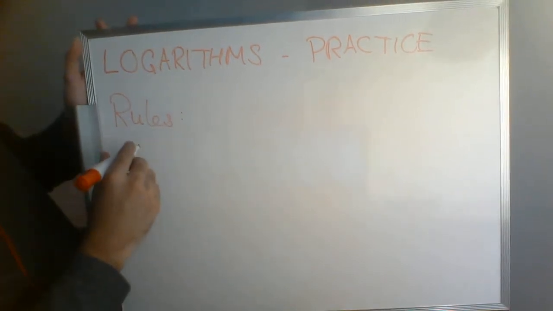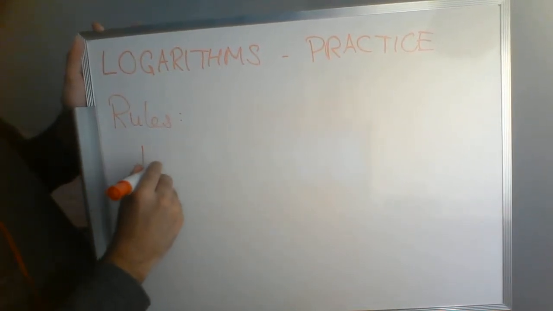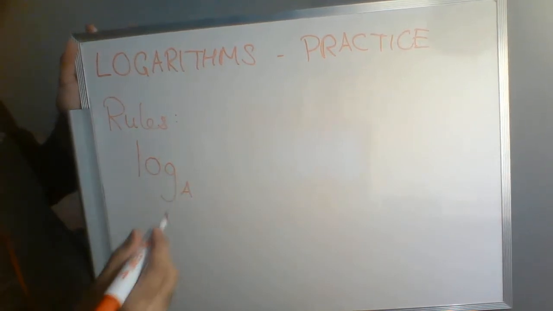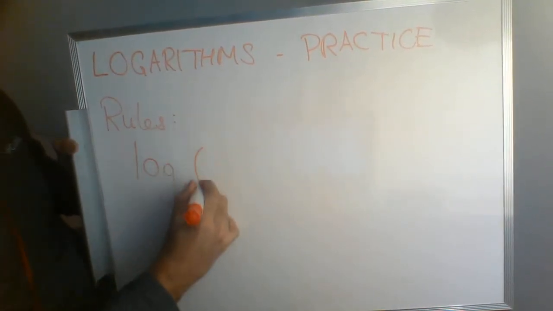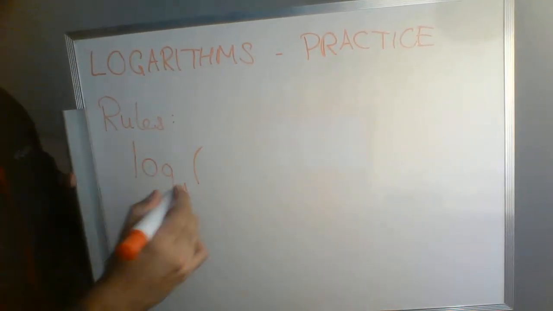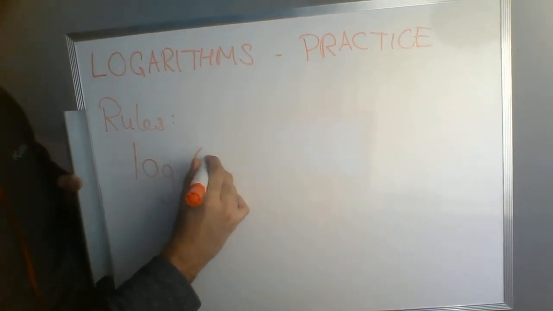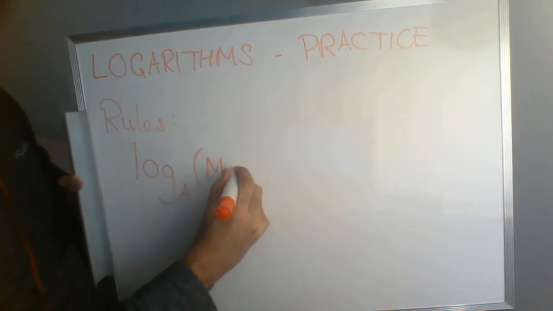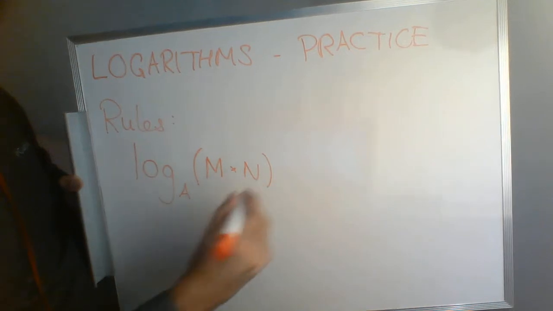So the rules are as follows. The first one is, if you've got logarithm base a, any base, I don't really care what it is, of, and then your argument is made up of two things being multiplied together. So let's call the first one m, and let's call the second one n.